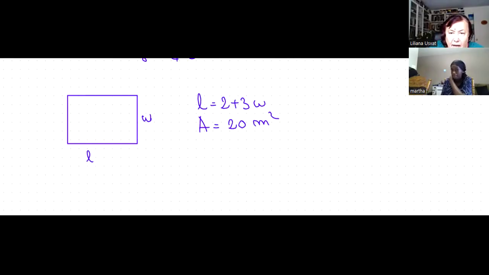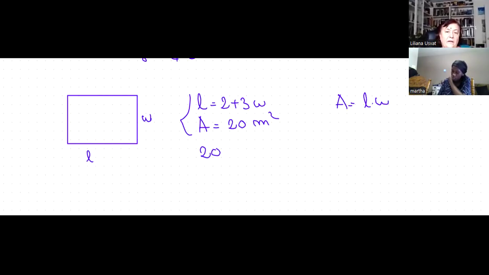But area is length times width. So we have 20 square meters equal length times width.